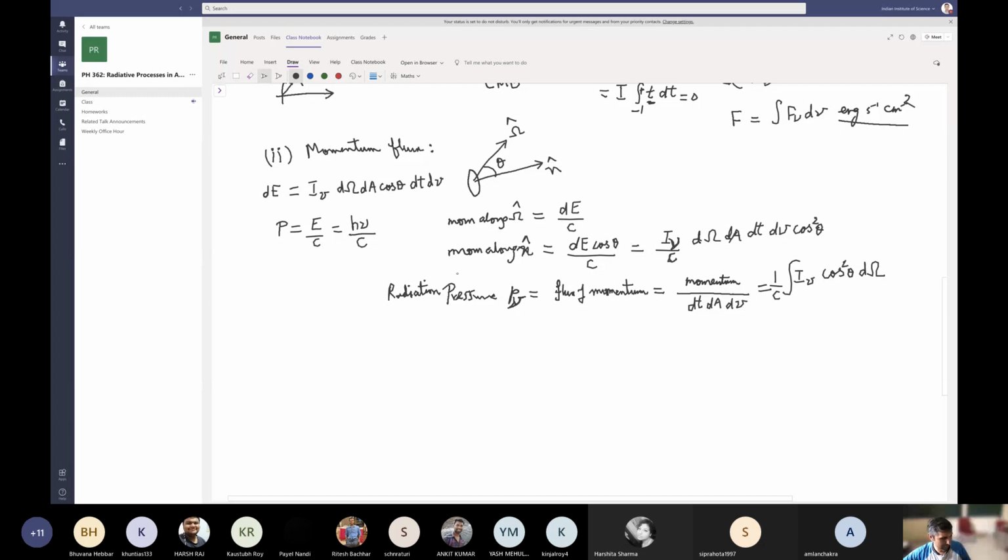And as I mentioned previously, you can always integrate over nu, so you can get radiation pressure. That's nothing but P nu d nu. That's the trivial part of it. So this is the pressure, and you can actually take the third moment and whatnot. So you can do cos cube theta d omega and so on.